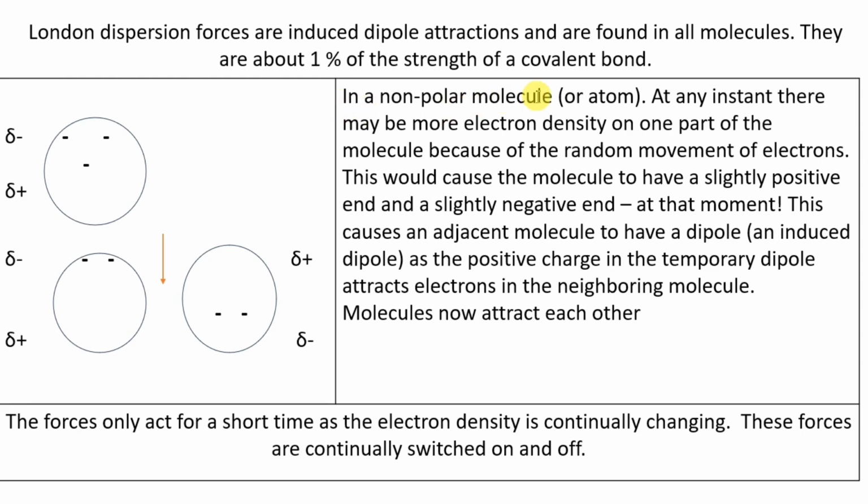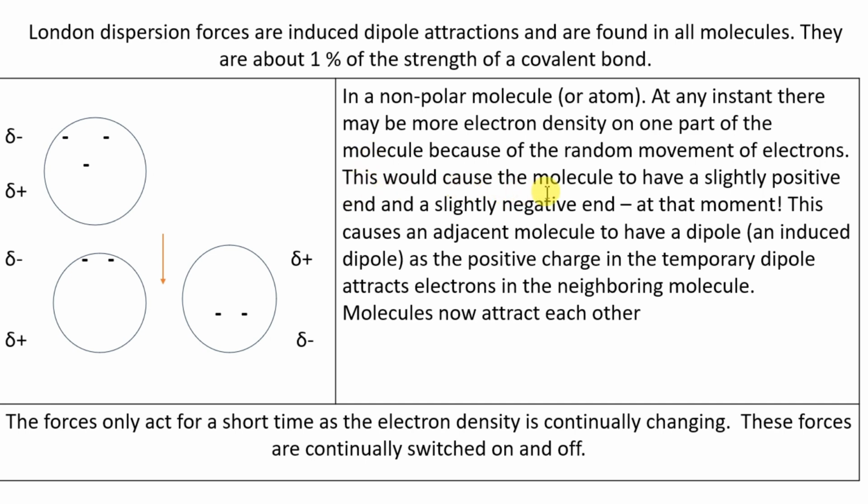In a non-polar molecule or atom, at any instant there may be more electron density on one part of the molecule because of the random movement of electrons. We see that in the diagram above. Randomly, there may be more electrons at one end of the molecule compared with the other at one moment in time.